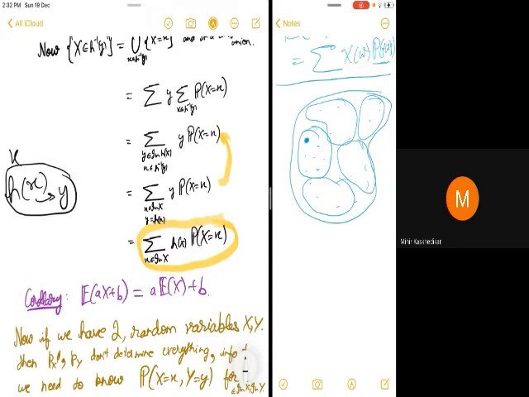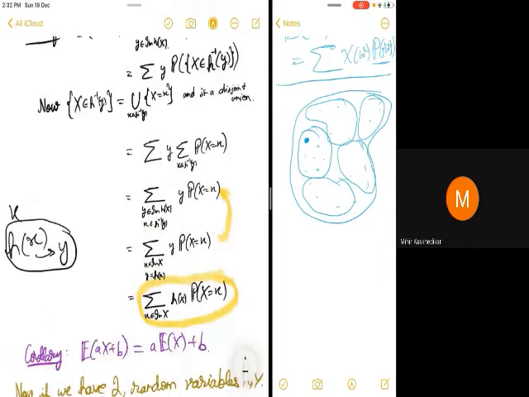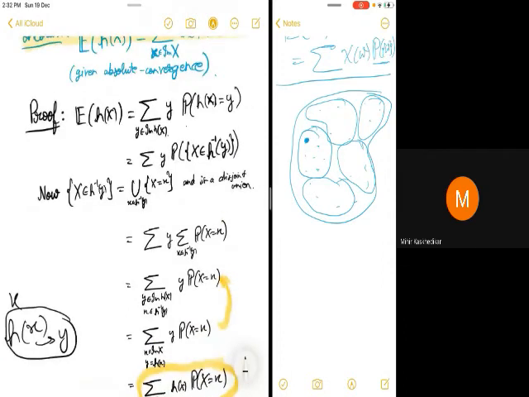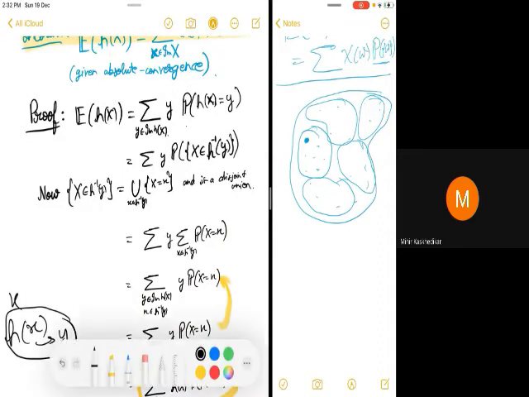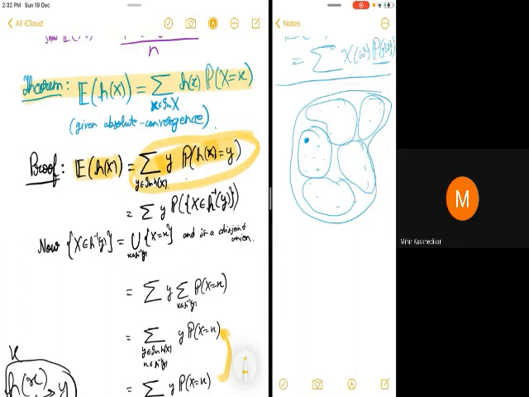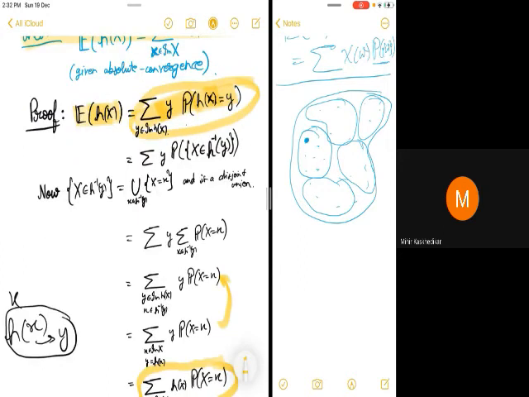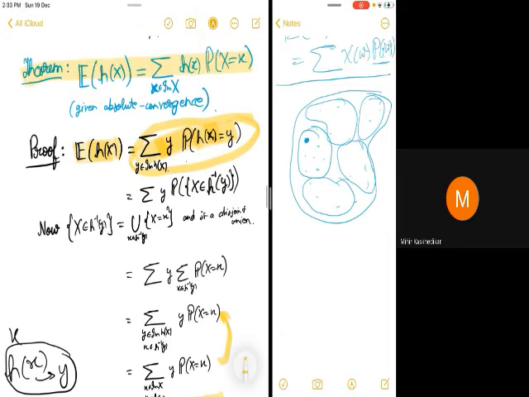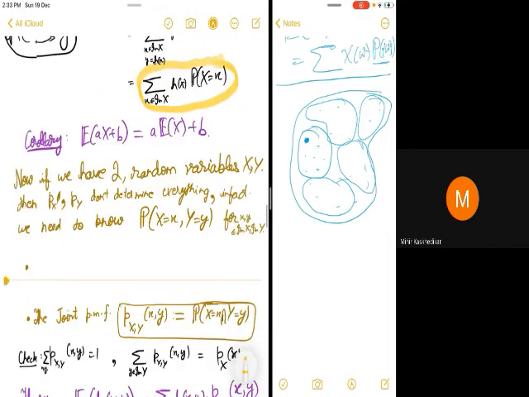So in some sense, we can specialize to h of x being a fixed value y, and the sum of y times the probability that h of X is y. And now this will, by definition, be the expected value of the random variable h of X. I won't go through the proof entirely, but you can see the proof in these notes. But the idea is just this.